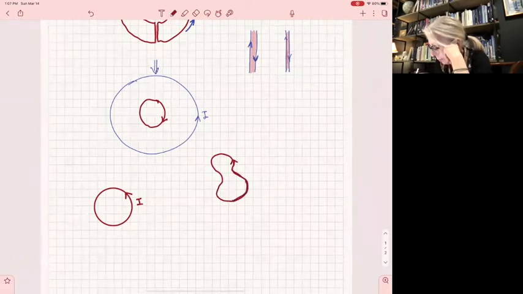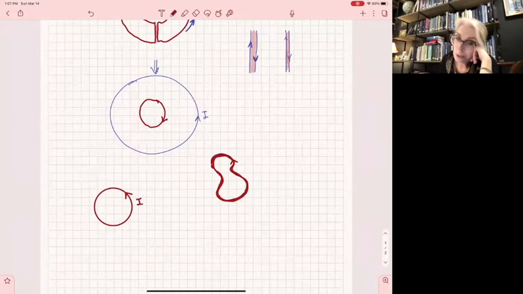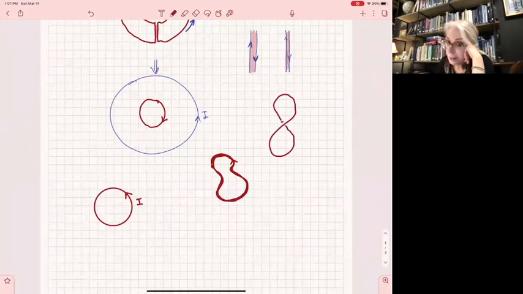Who says that the loop always has to be circular? The only reason we cannot consider these loops in class is because it's difficult to consider them without going to the computer. A loop can be like this, like an 8. That's a loop.